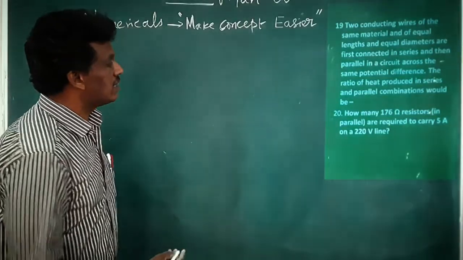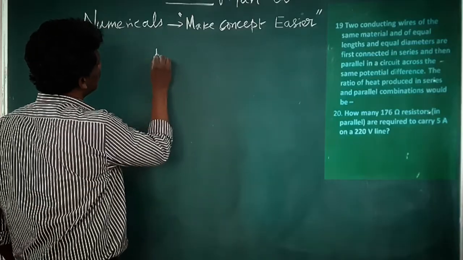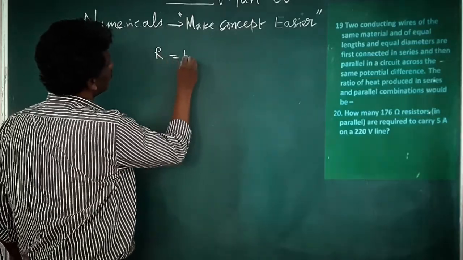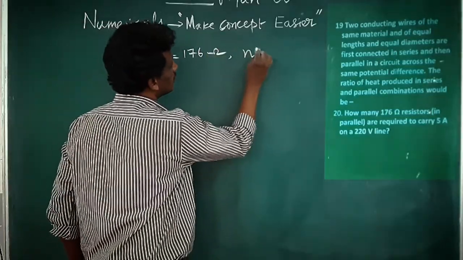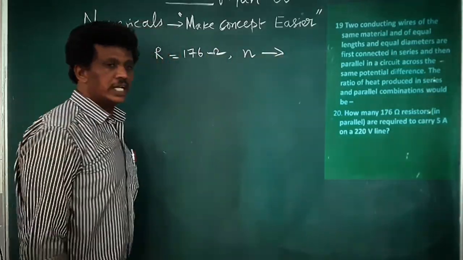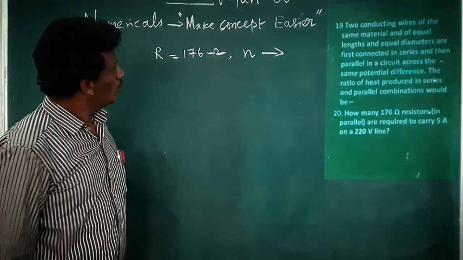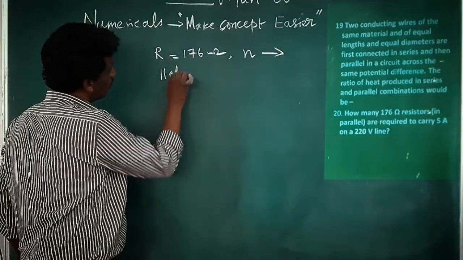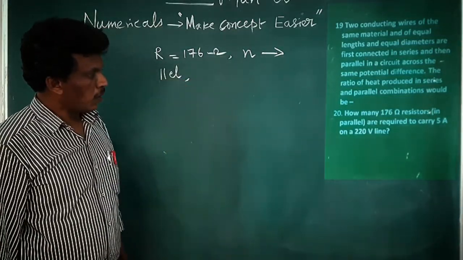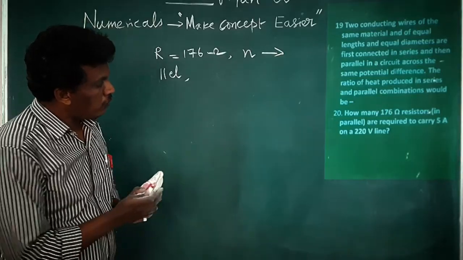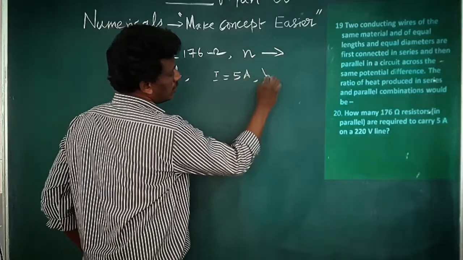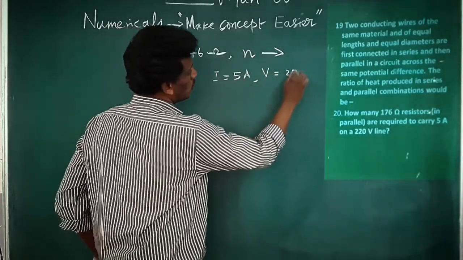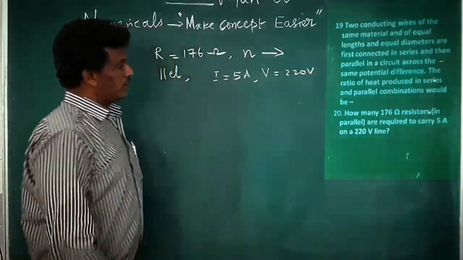So, identical 176 ohm. How many resistors are there? N number. What is the condition given? Parallel. Are required to carry 5 ampere. What is the power line? 220 volt.